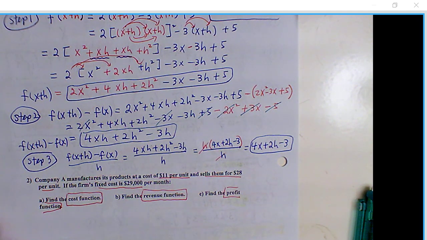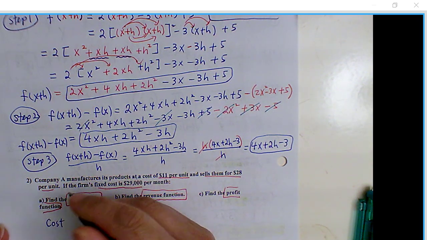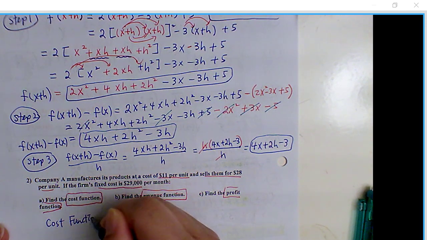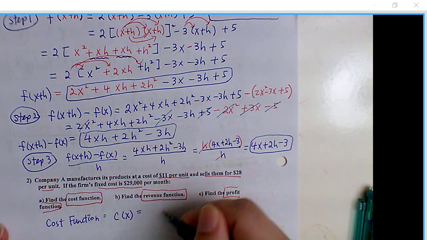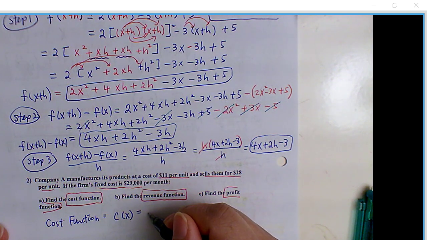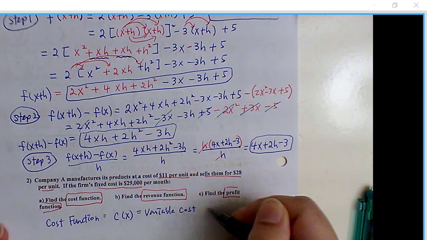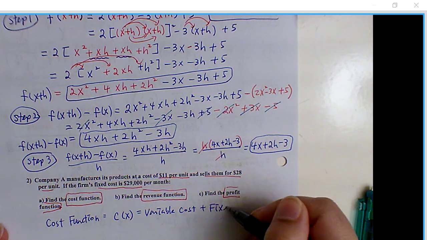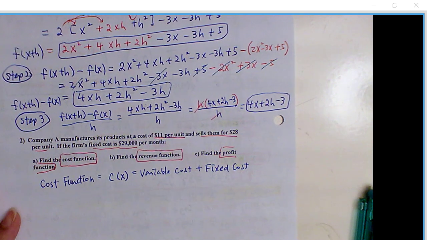So first of all, hopefully you know, but if not, the cost function will equal C of x, and then you need to find the sum of the variable cost plus the fixed cost. So that's the cost function.